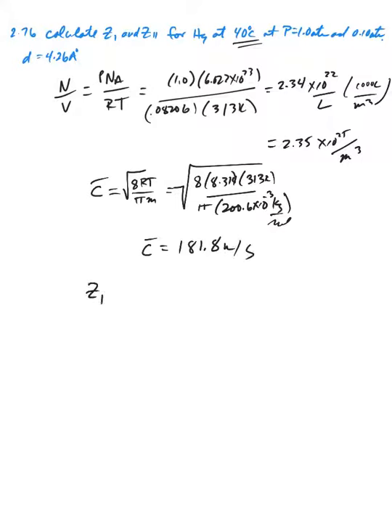Remember, the collision frequency is the number of collisions that an individual mercury atom hits as it goes through a sample. So that's what Z1 is equal to.